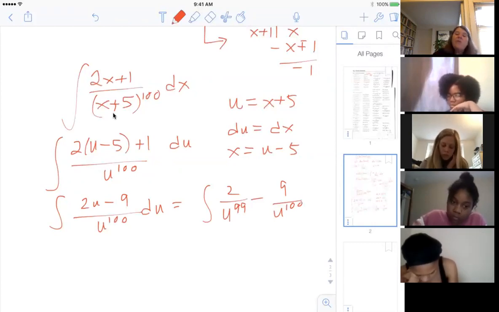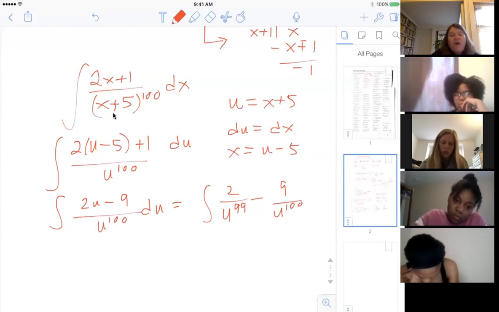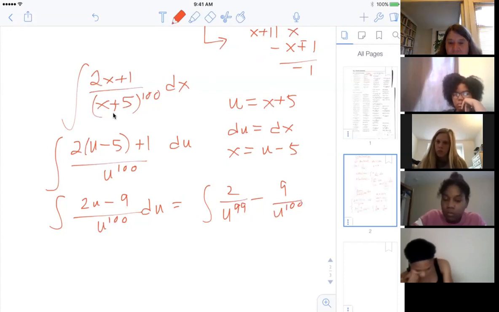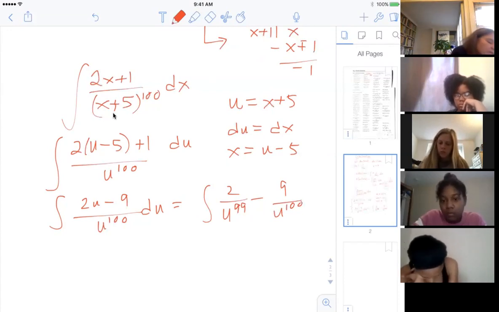You got to strike out with something, and if it doesn't lead to something you can integrate, you just start again. You don't always start in the right place on these things. I just don't know where we got the x equals u minus 5. You don't understand that? Okay, when you do your substitution, this is yours to use.